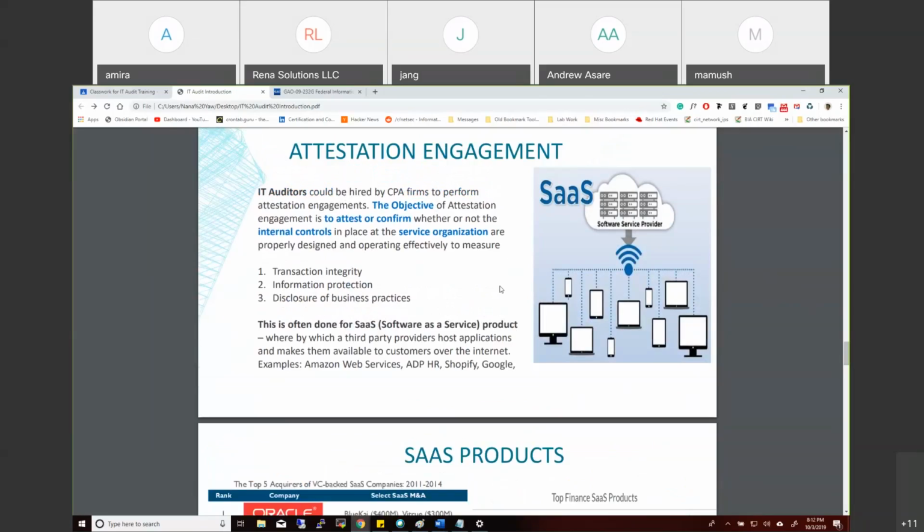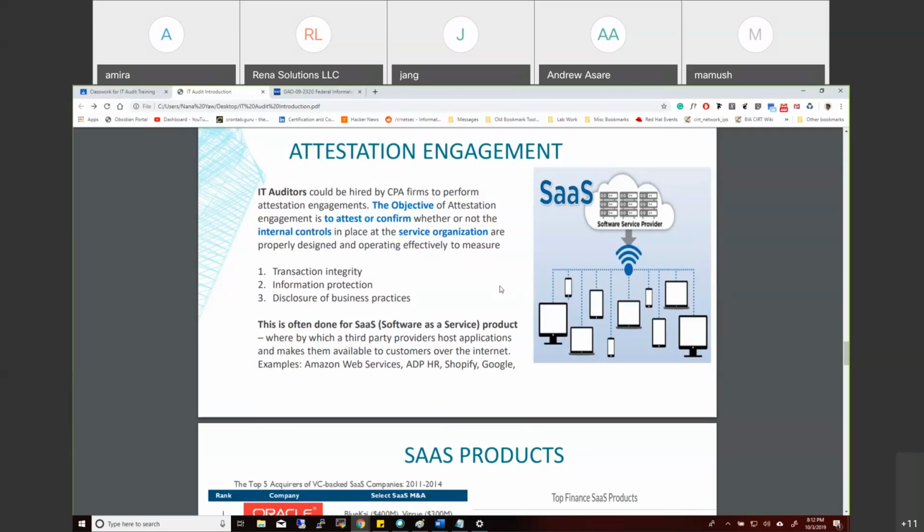The objective of performing an attestation engagement is to attest or confirm whether what we call internal controls or IT controls, in these softwares that they're providing as a product, are operating effectively.